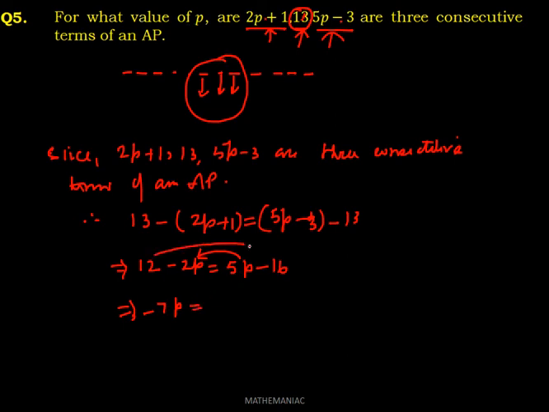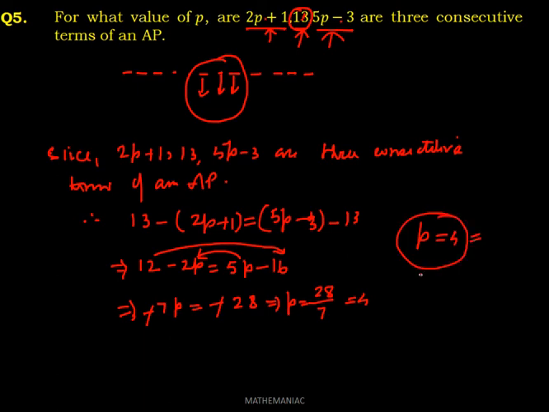This 12 you will bring this side. How much will it be? Minus 16 and minus 12, 28. Minus minus will be cut. So what is p equal to? 28 by 7 is equal to 4. So p equal to 4 is the required value, right? So you are done with the answer.